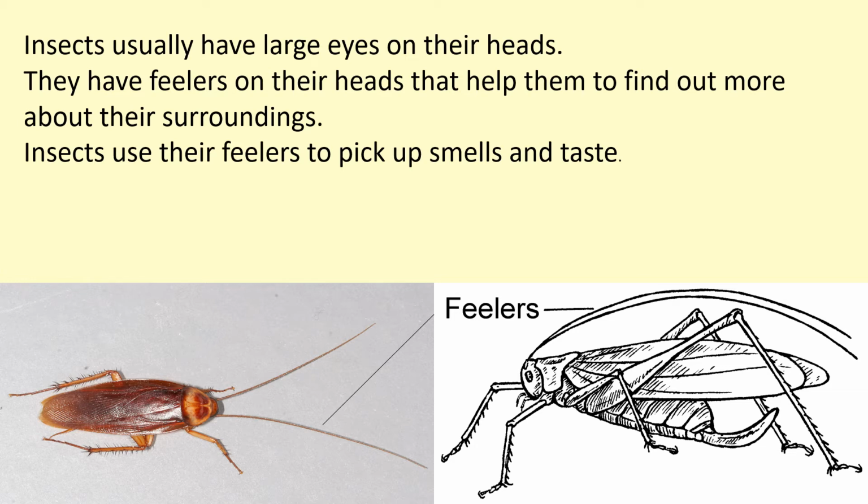Children, usually insects have very large eyes on their heads. They have a pair of eyes on their heads with feelers, and those feelers are also known as antennae. Antennae or feelers are connected to the first one or two segments of the head.